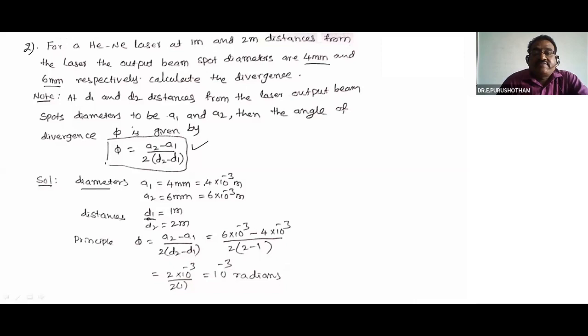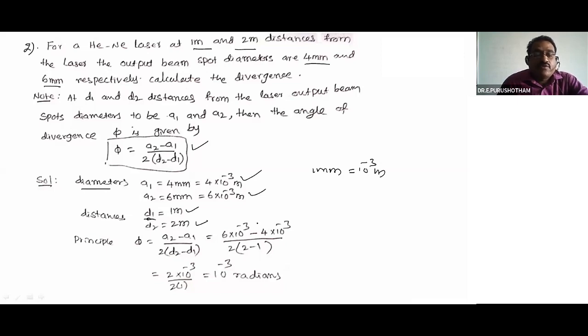So 4 millimeters, 4 into 10 to the power minus 3. 1 millimeter is equal to 10 to the power minus 3 meters. So I am taking here 6 mm, 6 into 10 to the power minus 3 meters. So distances 1 meter and 2 meters. This is D1, 1 meter, D2, 2 meters. So substituting all the values, A2 minus A1 by 2 into D2 minus D1.